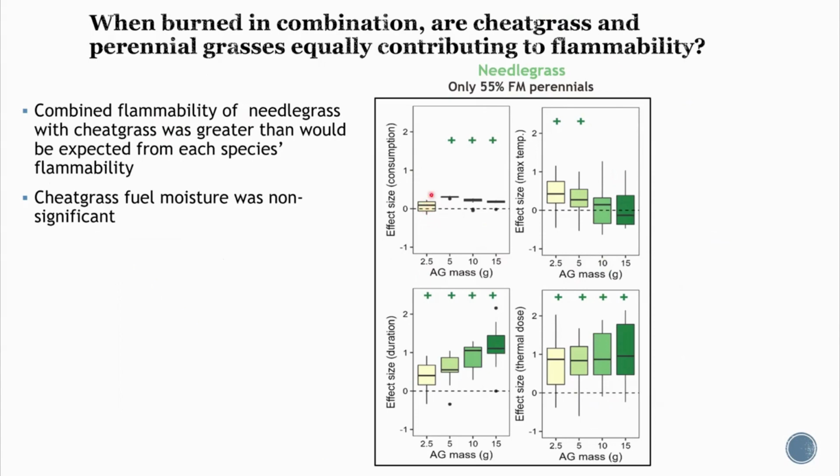And what we find with the needlegrass, and this is with 55% fuel moisture for the perennial, we find that there is an interaction, and combined we have greater consumption than we would if we didn't have the annual grass there. So we're seeing that needlegrass is more affected. And if you look at annual grass biomass here, you can see again that there's an effect size all the way across.